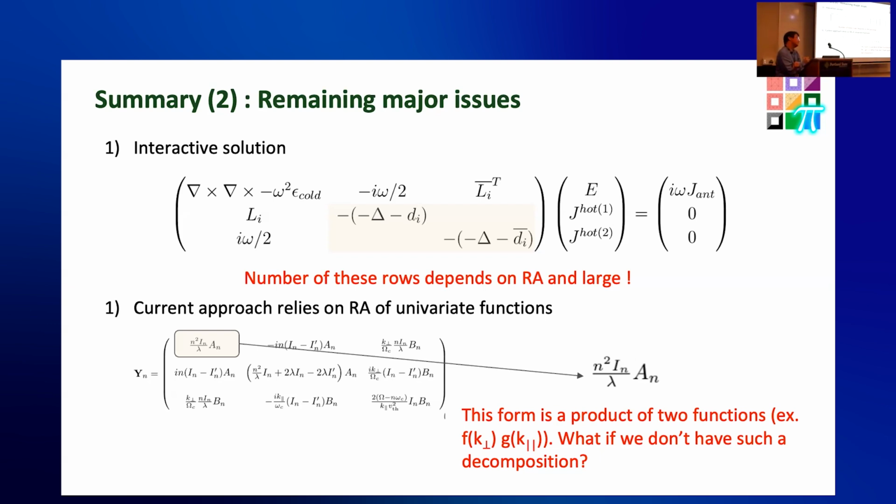Hi, excellent talk. Looking at that operator at the top there, can you do some kind of Schur complement to eliminate the J hot, if you didn't actually need to solve directly, or does that just make the system much harder? Yeah, we tried that, and it is very difficult because when you do the Schur complement, you need the inverse of this, which we don't have.